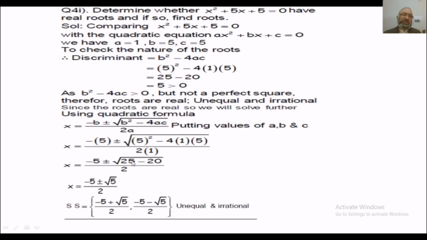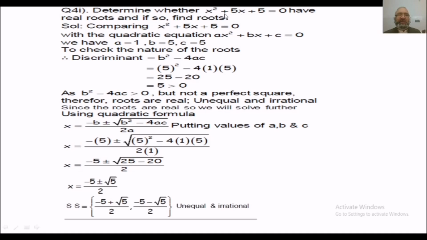Now come to question 4. Determine whether x square plus 5x plus 5 is equal to 0 has real roots, and if so, find the roots. First of all, we have to find whether the roots of this quadratic equation are real or not. If the roots are real, then find the roots.